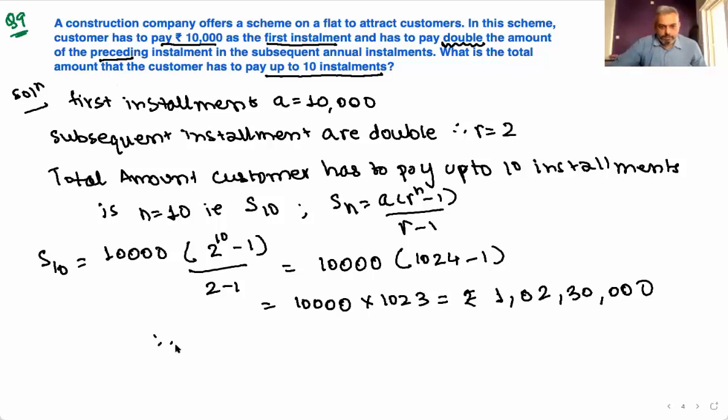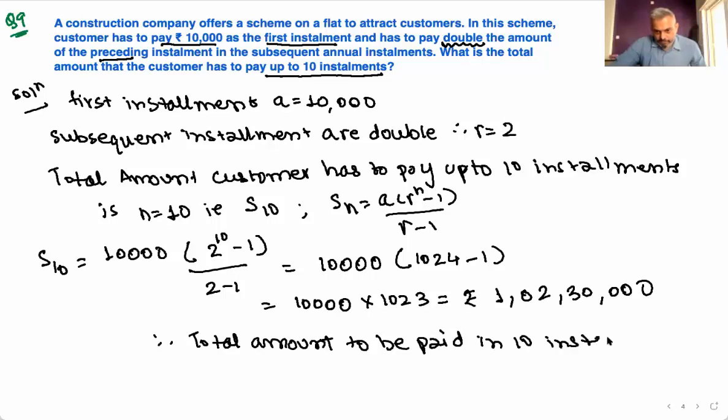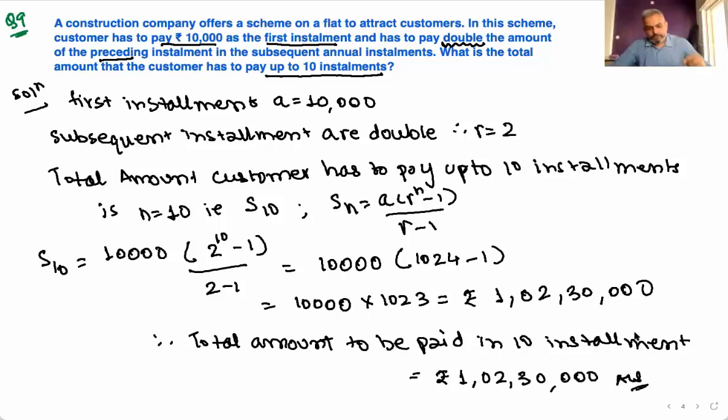Write down. Therefore, total amount to be paid in 10 installments is equal to rupees 1 crore 2 lakh 30,000. And so please correct this. There was a calculation error.